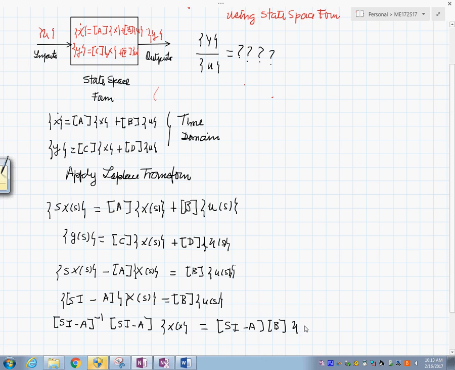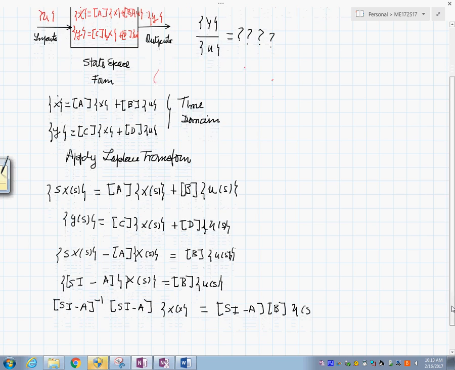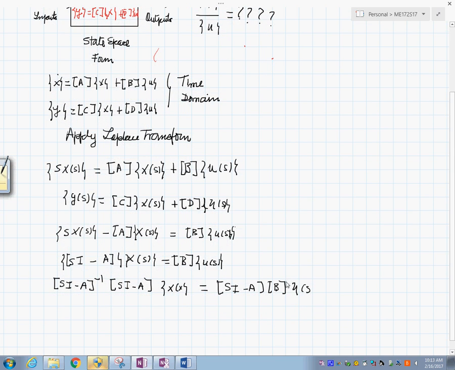Times U of s. All right. So you could conclude that the vector x of s is (sI minus A) inverse times B times U of s.